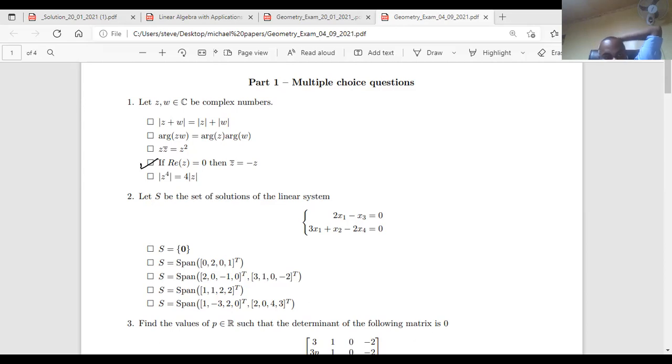So number 2. Let S be the set of solutions of this linear system. So let's solve the linear system. So we know that x1 equals x3 divided by 2. And we know that x2 equals minus 3x1 plus 2x4.